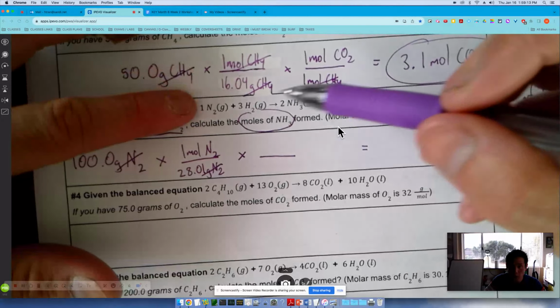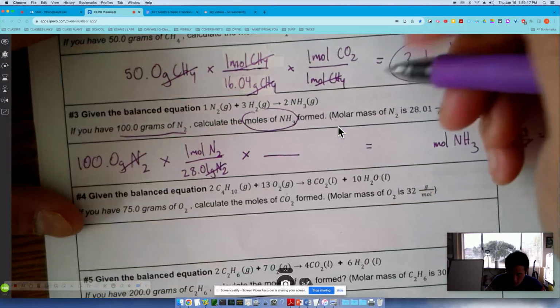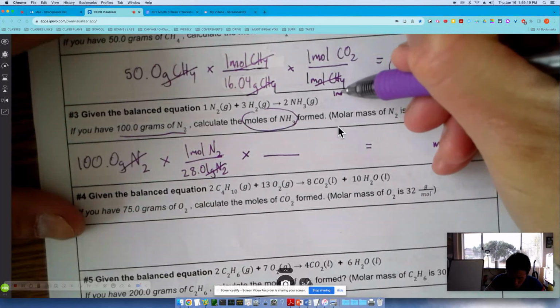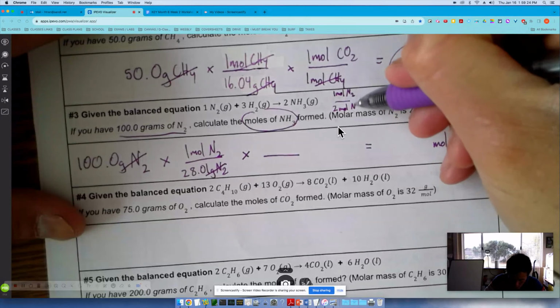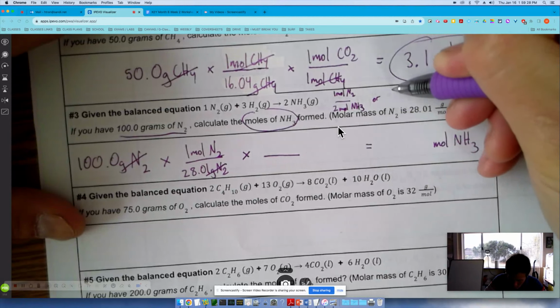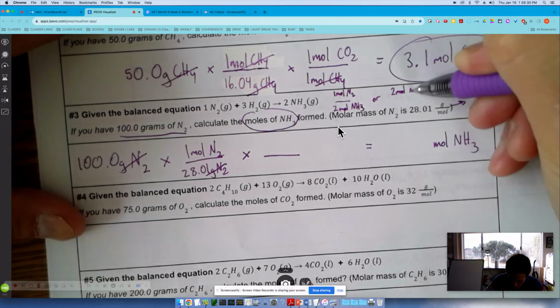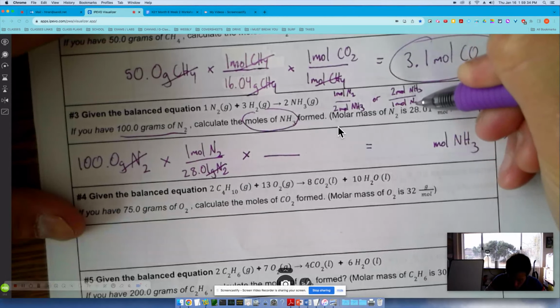This tells me for every 1 mole of N2, I have 2 moles of NH3. But I could also rewrite that as for every 2 moles of NH3, you get 1 mole of N2.